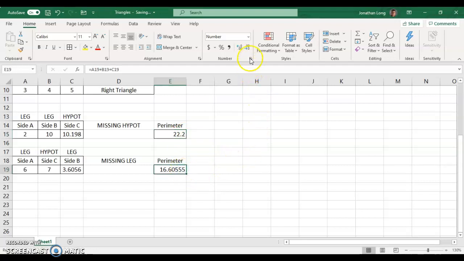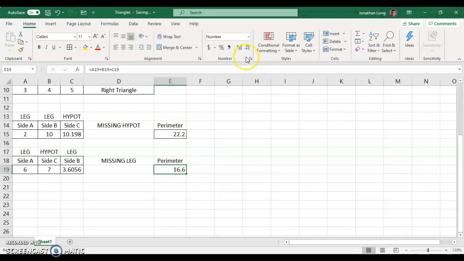I'm going to click on it, go under the part of my table that I can change the number format, and you have two sets of triple zeros with blue arrows. I want the one on the right, and it's going to shrink the size of my decimal. And by doing that, I now have both of the answers set up to round to the nearest tenth.